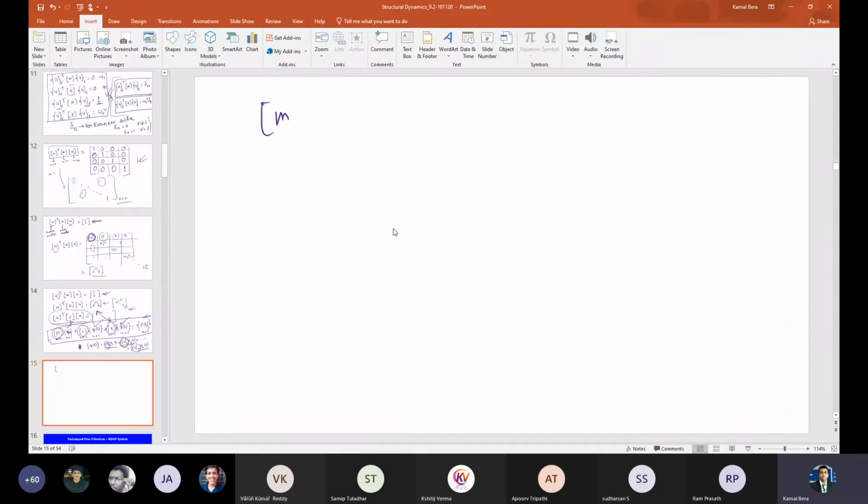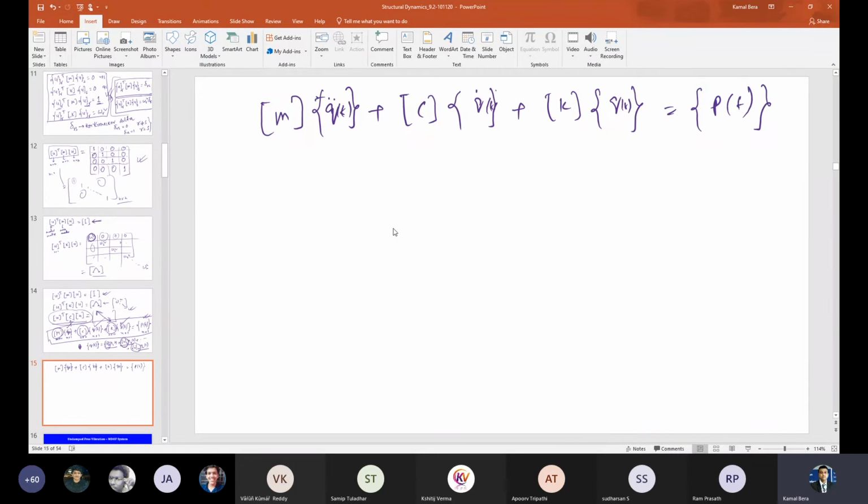Again, write the equation of motion: M Q double dot plus C Q dot plus K Q equals the load vector. Please remember that these are Q of t.